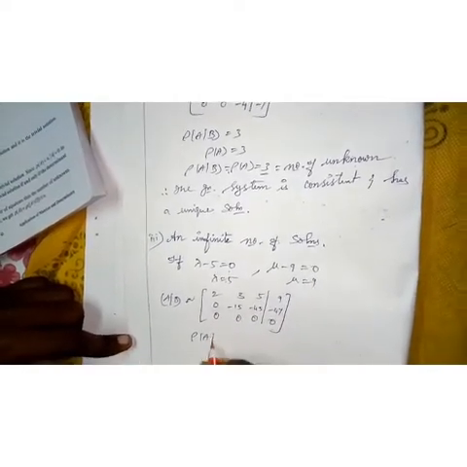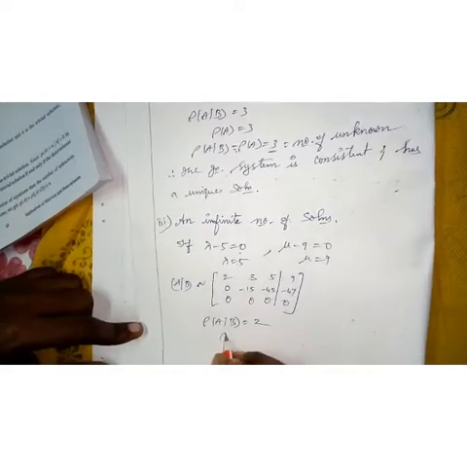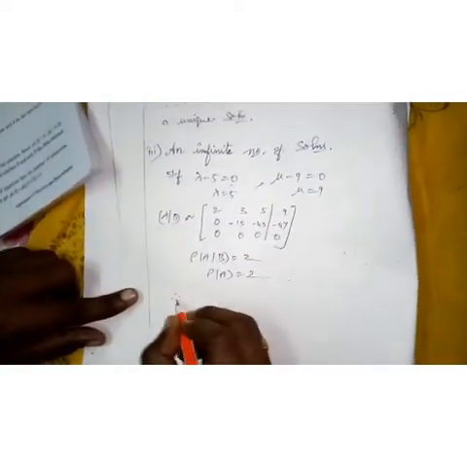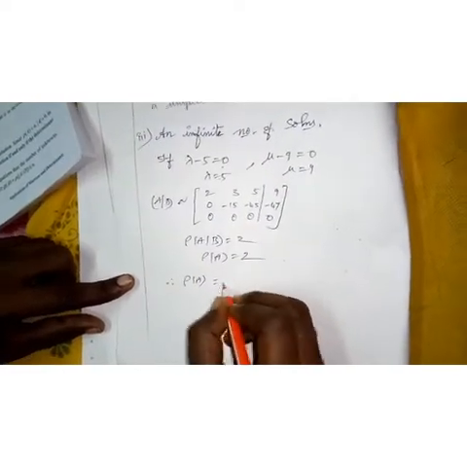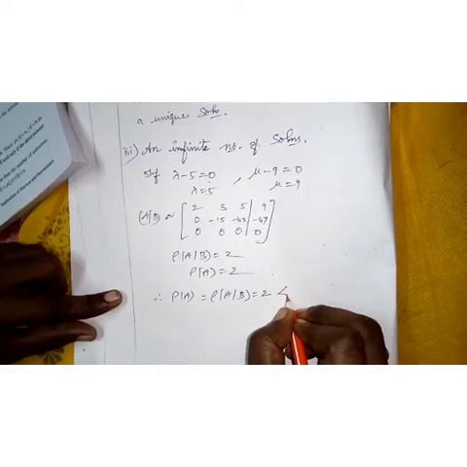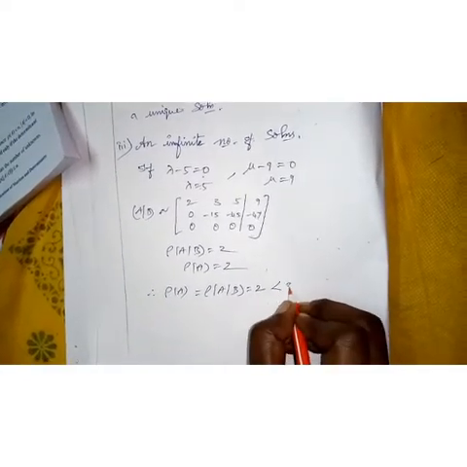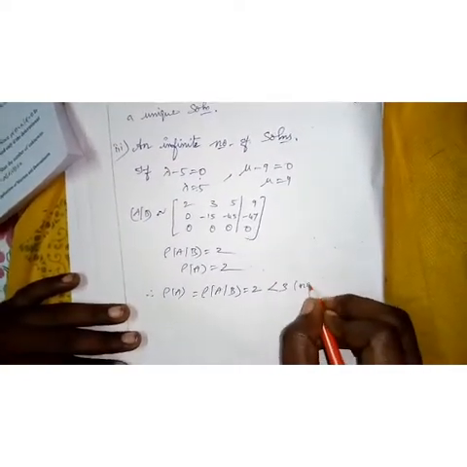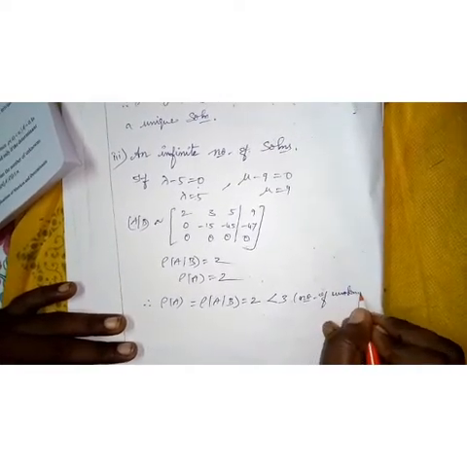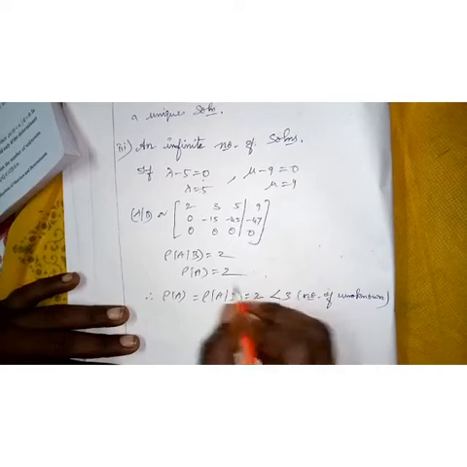So rank of [A|B] equal to 2. Rank of A equal to 2. So therefore rank of A equals rank of [A|B] equals 2. It is less than the number of unknowns, 3. Okay, so what is the answer?